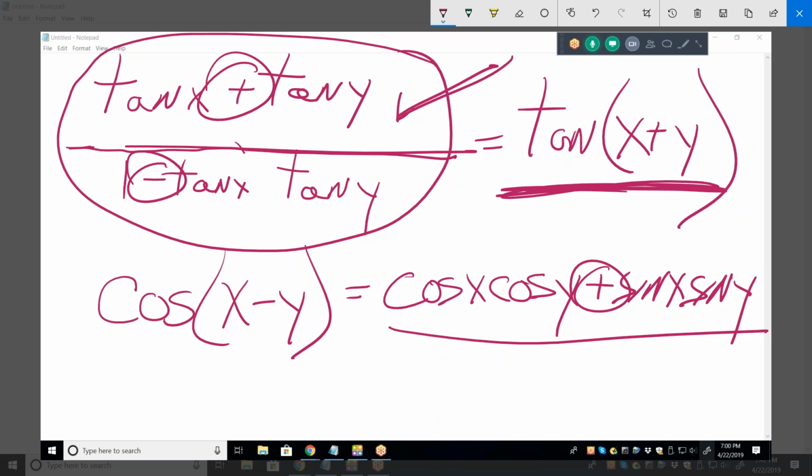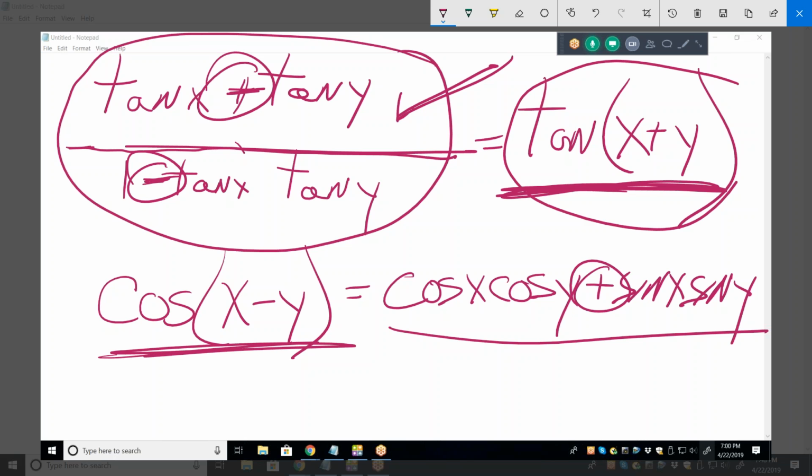Know that you need a plus in the top and a minus in the bottom. It's kind of like sine over cosine. In sine, you have the same sign in the top, and in cosine, you have the opposite sign, whenever you're doing these sum and difference things. So this is the answer right there.